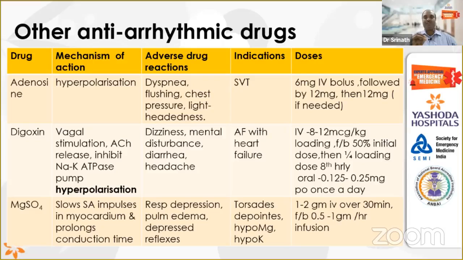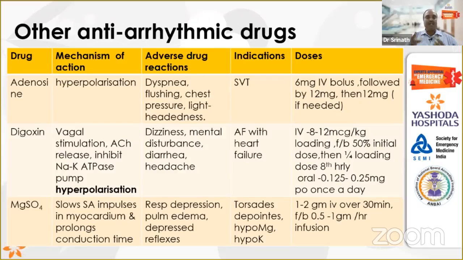The other drug which we all use is magnesium sulfate. Magnesium sulfate is used in torsades de pointes or hypomagnesemia or even hypokalemia. Whenever there is a refractory hypokalemia, we use magnesium sulfate also. And what is the mechanism of action? It slows down the SA node impulses in the myocardium and prolongs the conduction time.